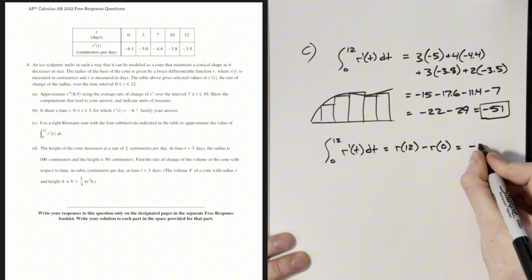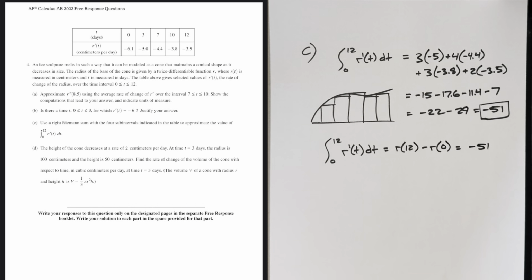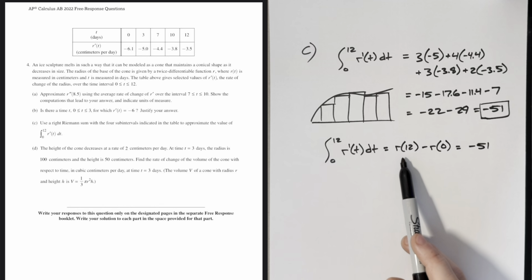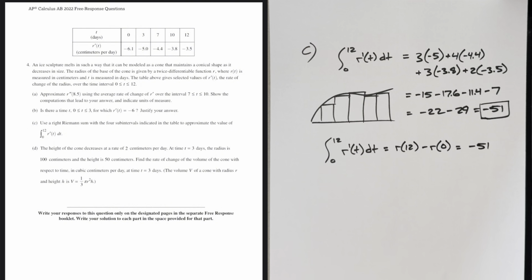We're saying that's equal to -51. So what this means is that my radius after 12 days is 51 centimeters less than it was at t equals 0. So my radius has decreased a total of 51 centimeters over this time interval. That is what this value actually represents.